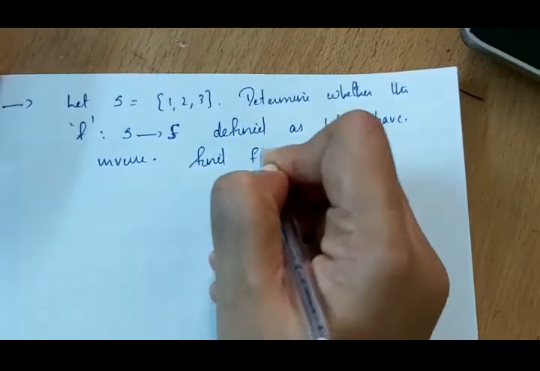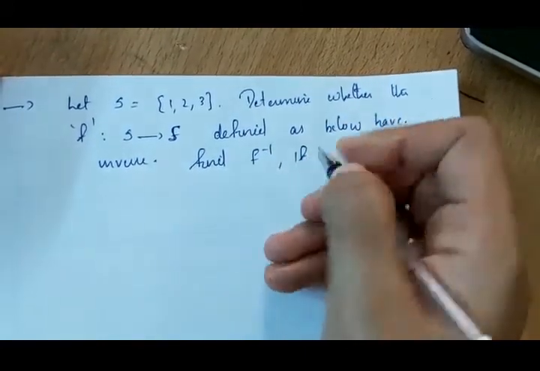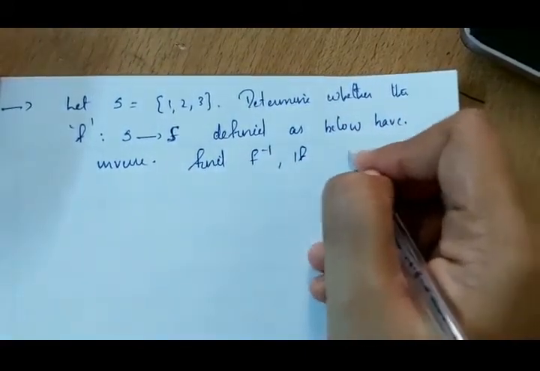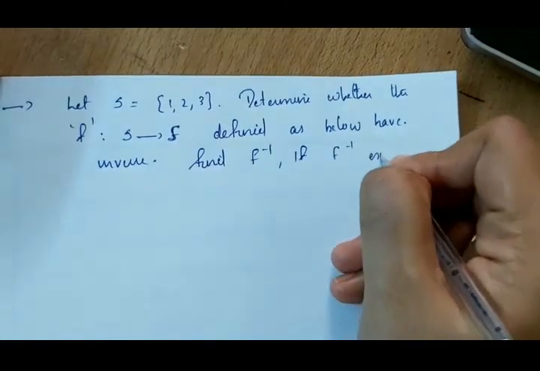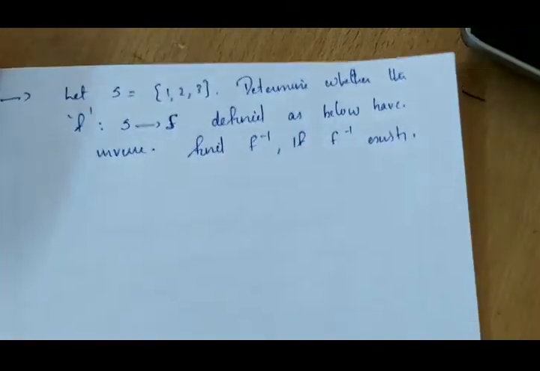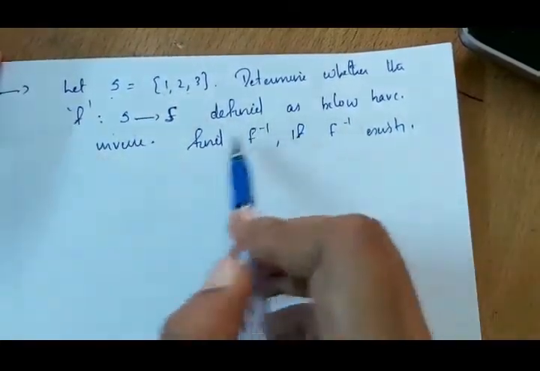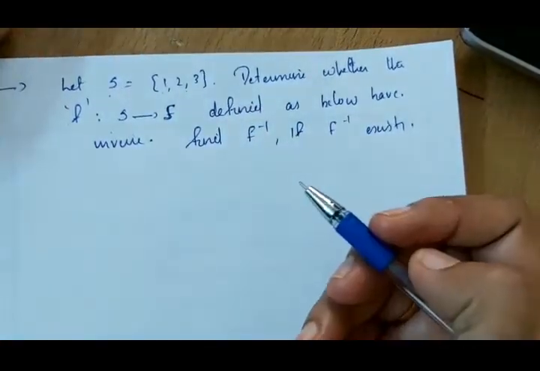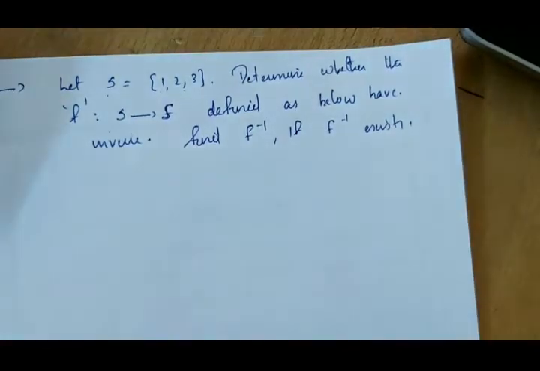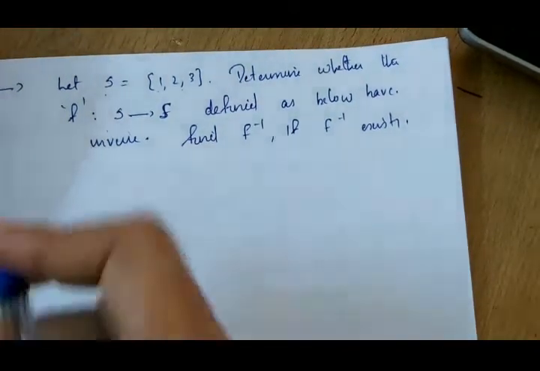Find f inverse if f inverse exists. Okay, we have been given a set and a function is defined. We have to find whether f inverse exists, and if it exists, what is the value of f inverse.